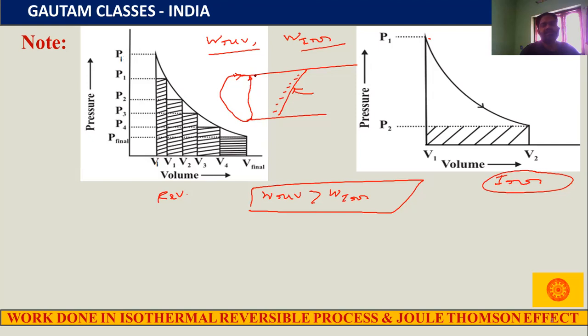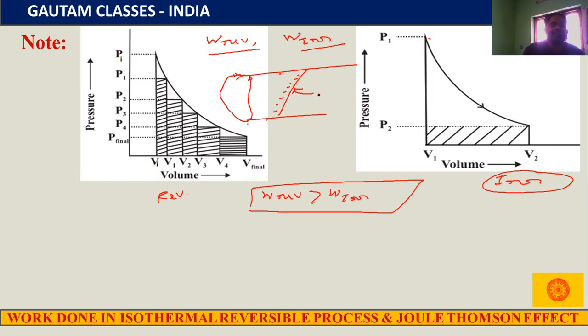But we are not considering that here. Some student will say, sir, on the first floor, second floor, third floor, the lift is going to stop. I am considering only one floor, first floor to second floor. When we go from first floor to second floor, the lift will go directly without any stopping. That means initial and final state. But when we go by the steps, we have to go by one step at a time.